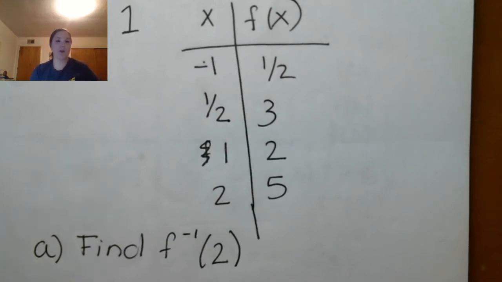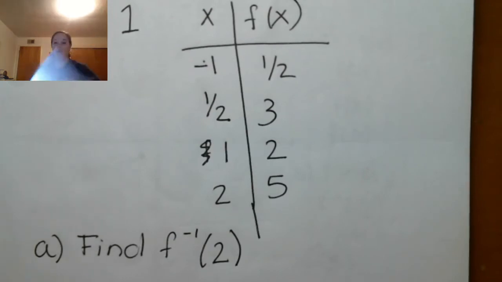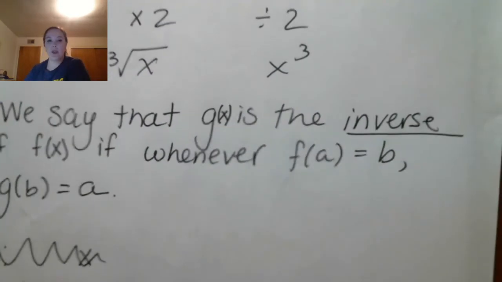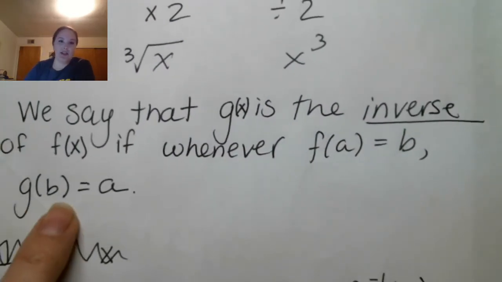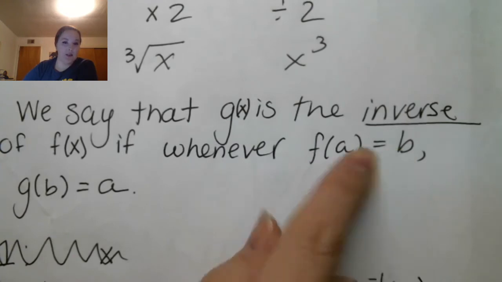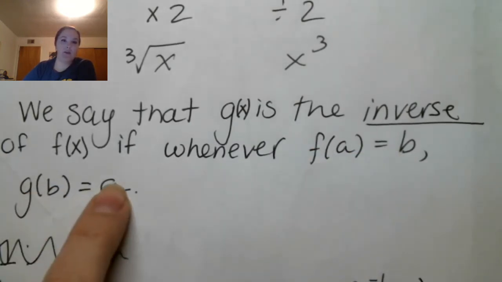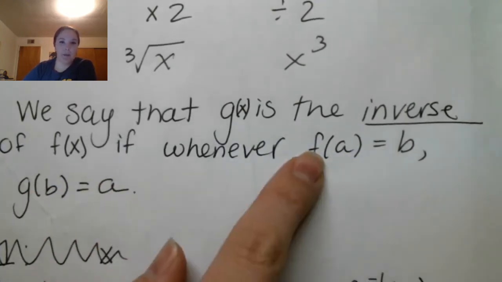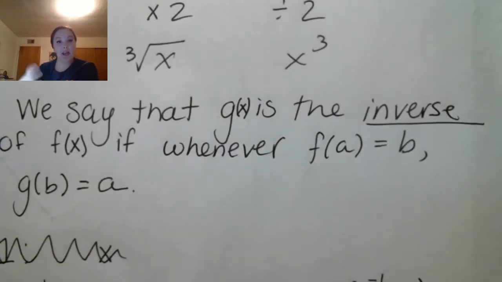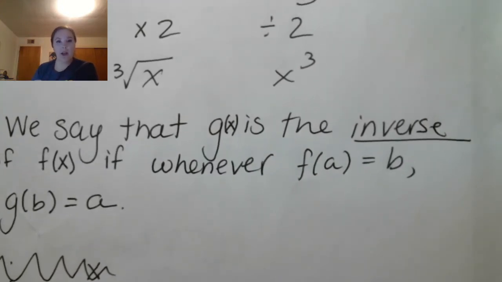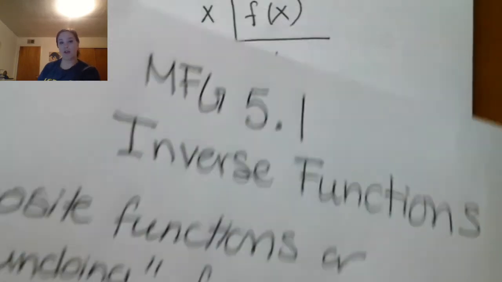If we think about the definition for inverse, the inverse function is going to take in the answer and give out the original number. So it's taking in y values and giving corresponding x values.